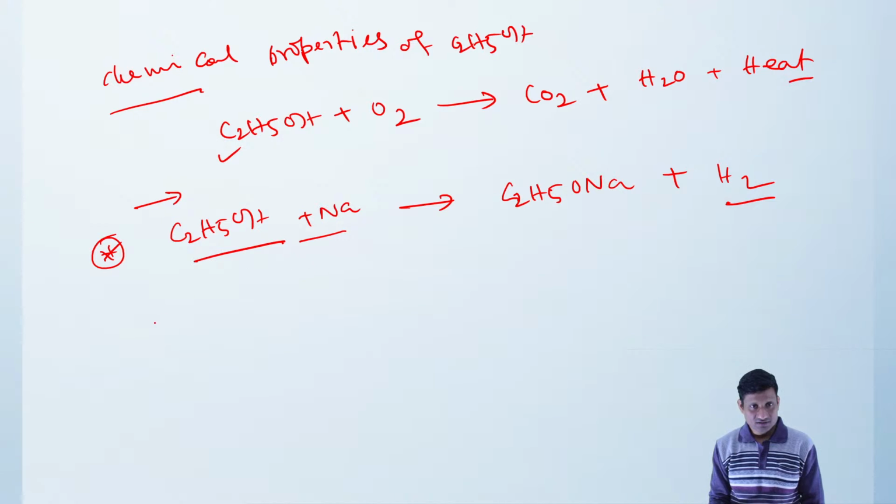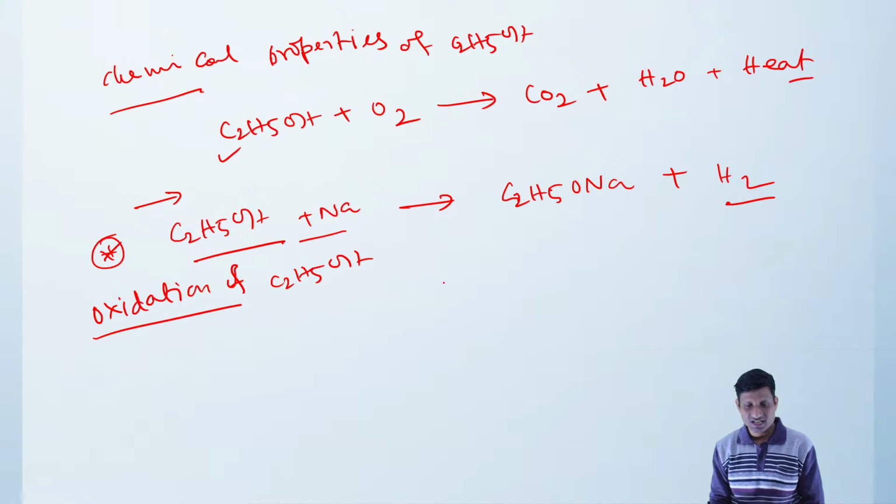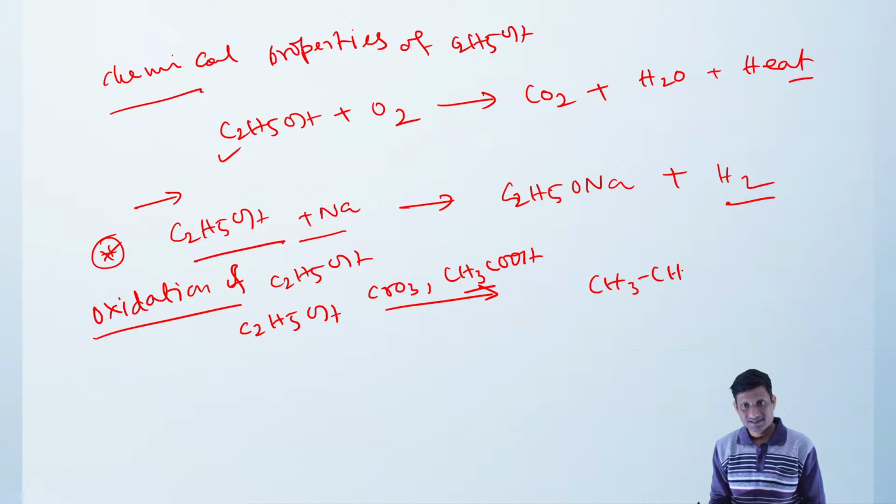Now we'll learn about the oxidation. So basically, this is another oxidation of ethanol. Depending on the oxidizing agent we can have different products. If we simply oxidize ethanol with chromic oxide and acetic acid, basically CrO3 and acetic acid, then we'll get a product called acetaldehyde.